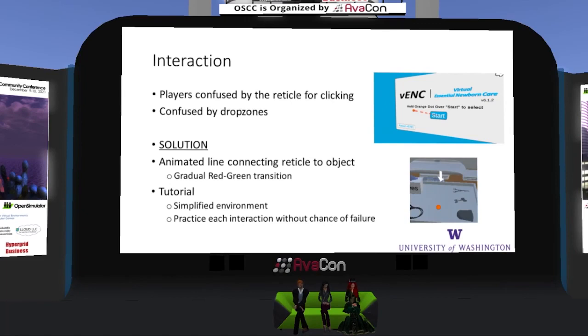So we wound up having to introduce a full tutorial where we gave a simplified environment with repeated exercises of each of the different types of interactions they would have in this experience, where there's only one thing to do, one thing to click on, one thing to look at. There's no way to get it wrong.